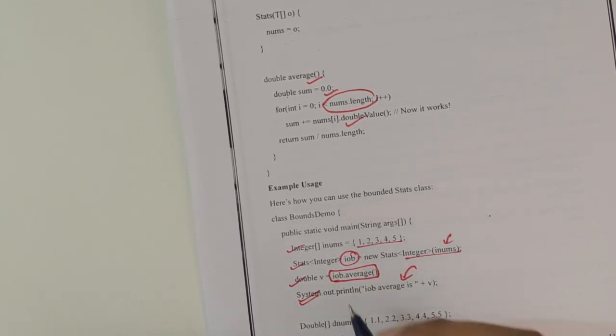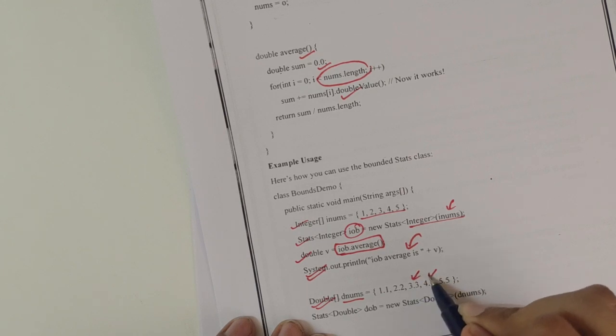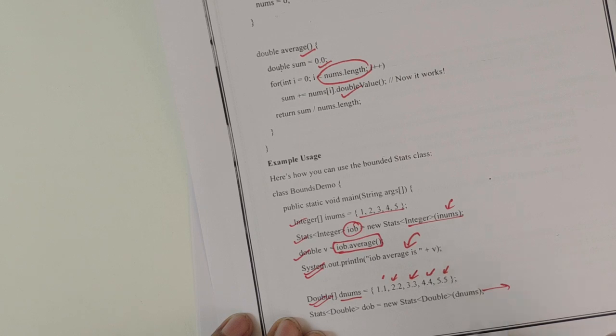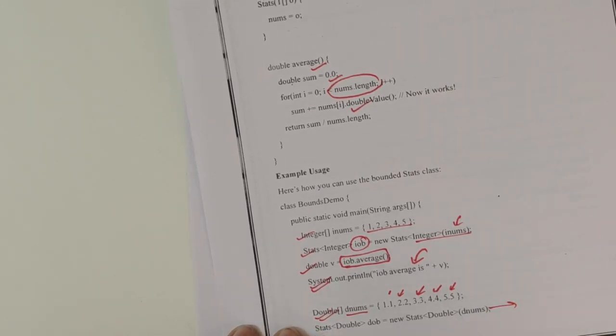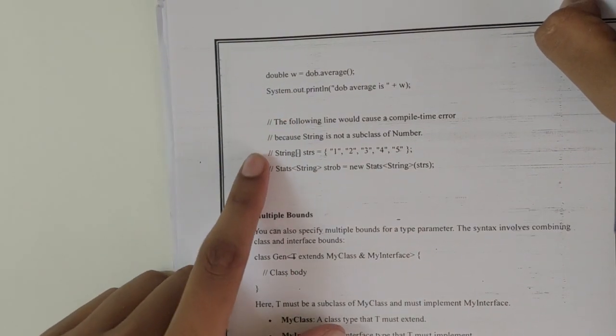Then dnums is again an array of double data type, with all the double elements. Then you create an object, Stats double dob equal to new Stats. Same thing, you print the average. Again you do it for the string also.